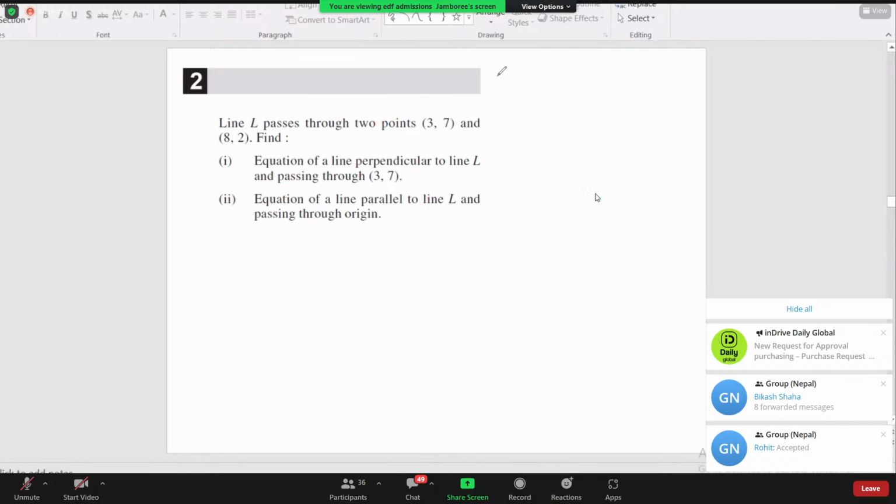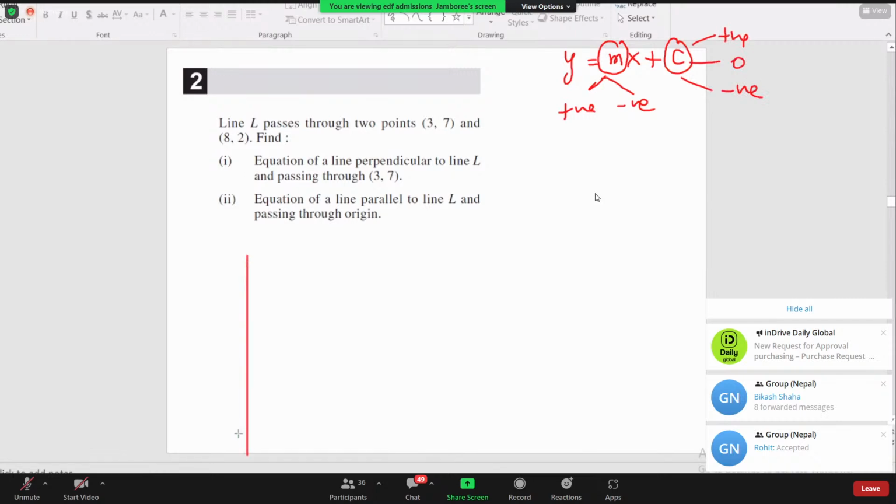So generally, we have the equation of the line as y is equal to mx plus c. Herein we are going to generalize the slope of the line to be positive or negative, and the y-intercept to be positive, 0 or negative. Based on that, we will have 6 different lines on the graph.